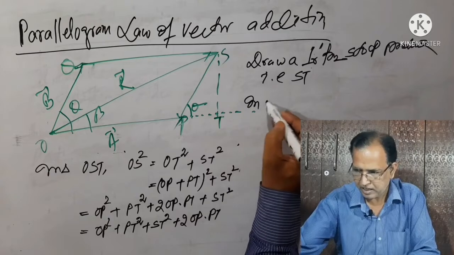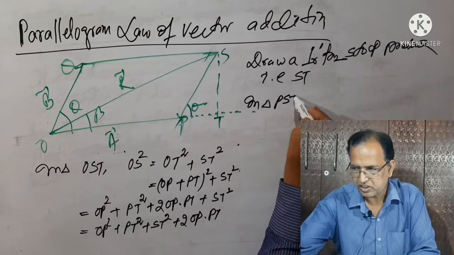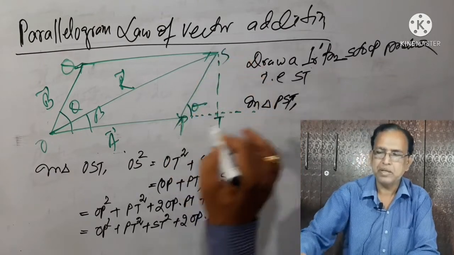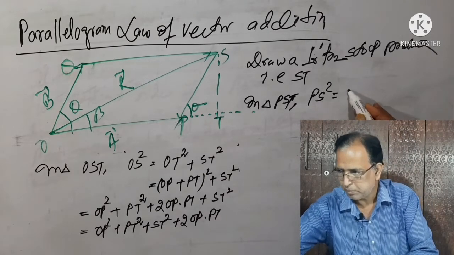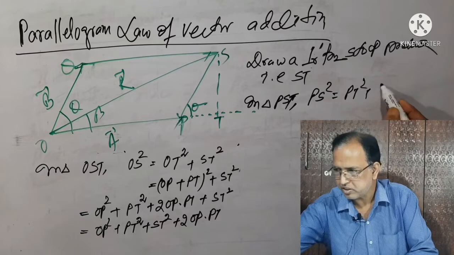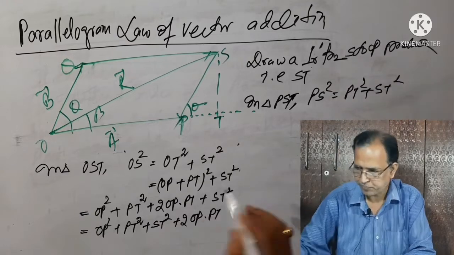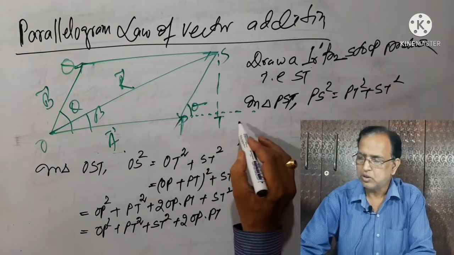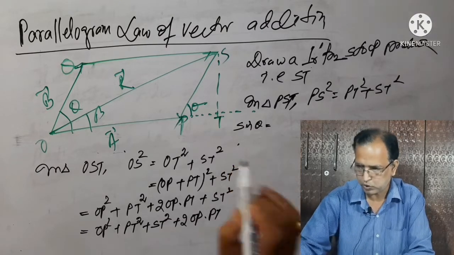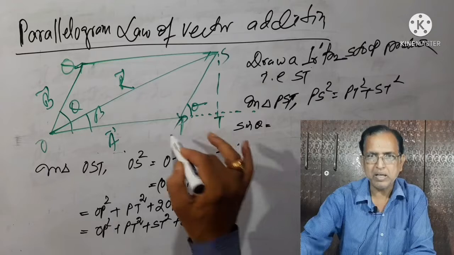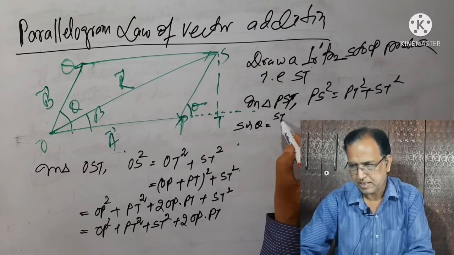Now in the triangle PST, PS square is equal to PT square plus ST square. In this triangle, sin theta is equal to ST by PS.